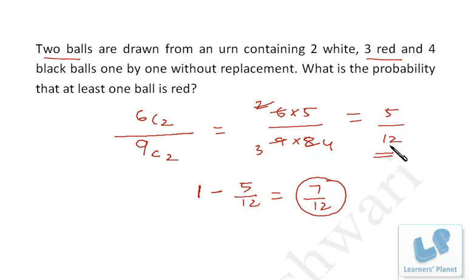So we got 5 by 12. The maximum value of the probability is 1. From 1 we deducted all the cases when not even a single ball is red. So in the remaining cases at least one ball will be red. So this "at least" you have to take care of.